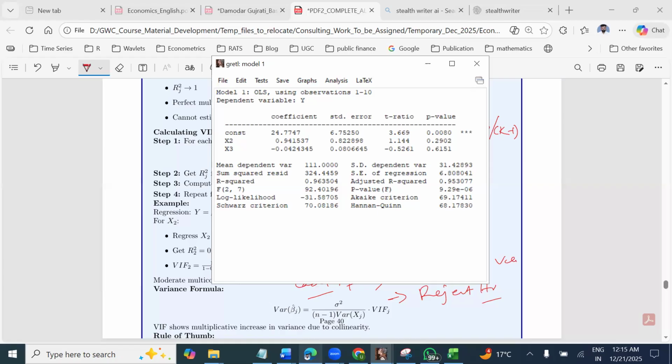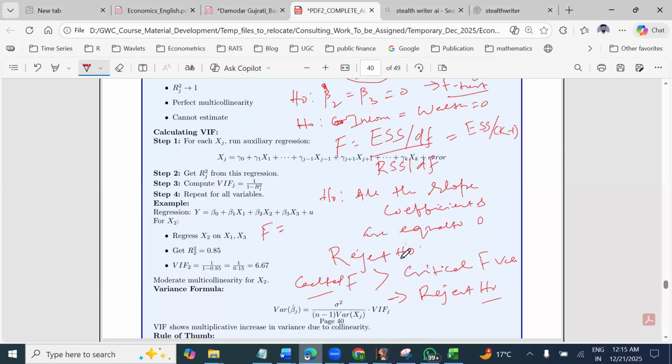Because for ESS I had written ESS divided by k minus 1. If k is 3, then k minus 1 will be 2. And this will be RSS. What will be the degrees of freedom? Please remember, it will be n minus k. Okay? Is it clear?